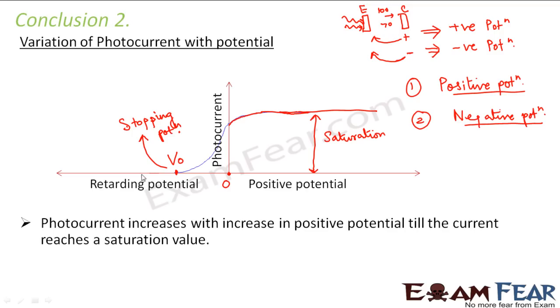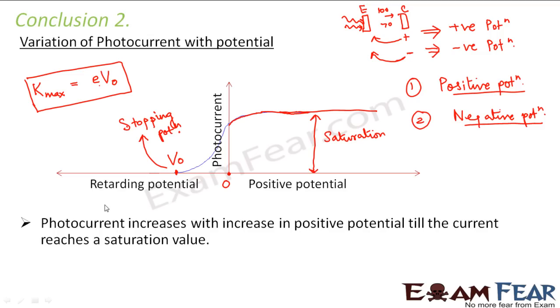Right? So when we talk about this stopping potential, what happens when the photocurrent drops to zero? The maximum kinetic energy of the photoelectron becomes equal to eV0, where V0 is the stopping potential. So the charge on the electron multiplied by the potential applied becomes equal to the maximum kinetic energy of the most energetic photoelectron.